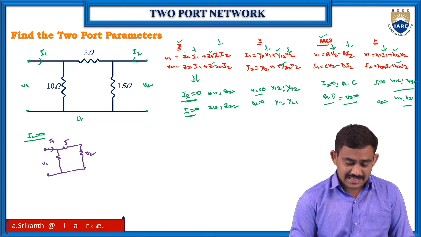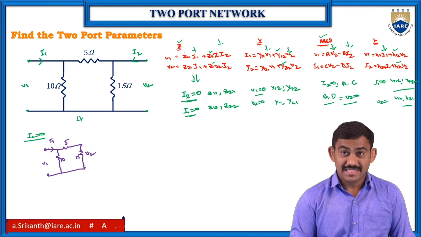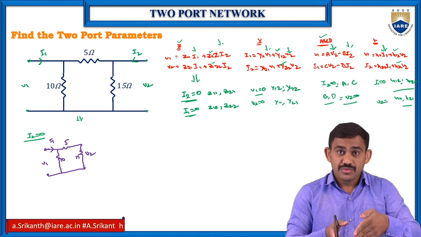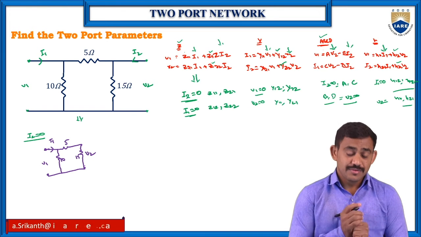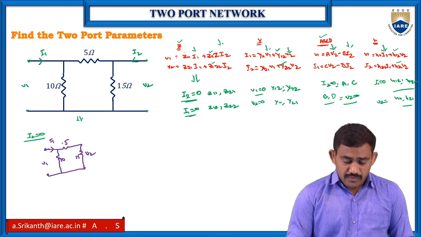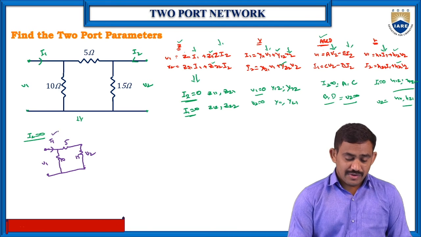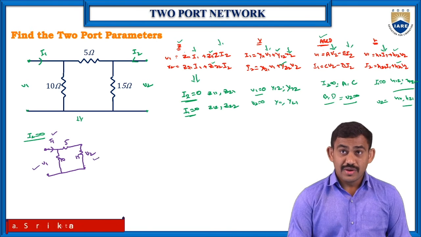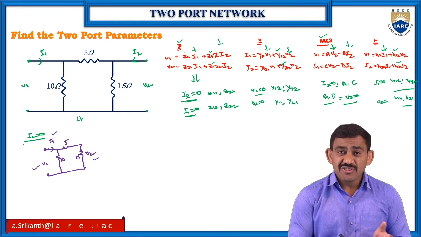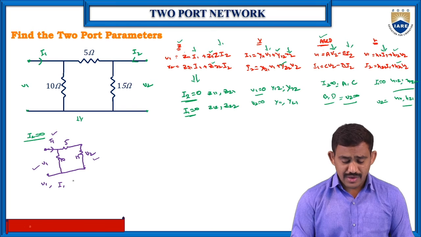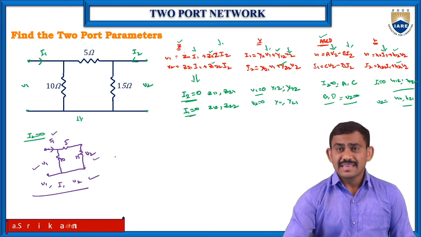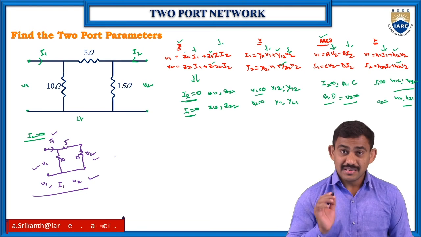So 5 is as it is, 10 is as it is, 15 is as it is. Now from this I can find the I1, V1 and V2 values. When I2 equals 0, I need to know the I1, V1 and V2 values, and we will get those parameter equations from this circuit.